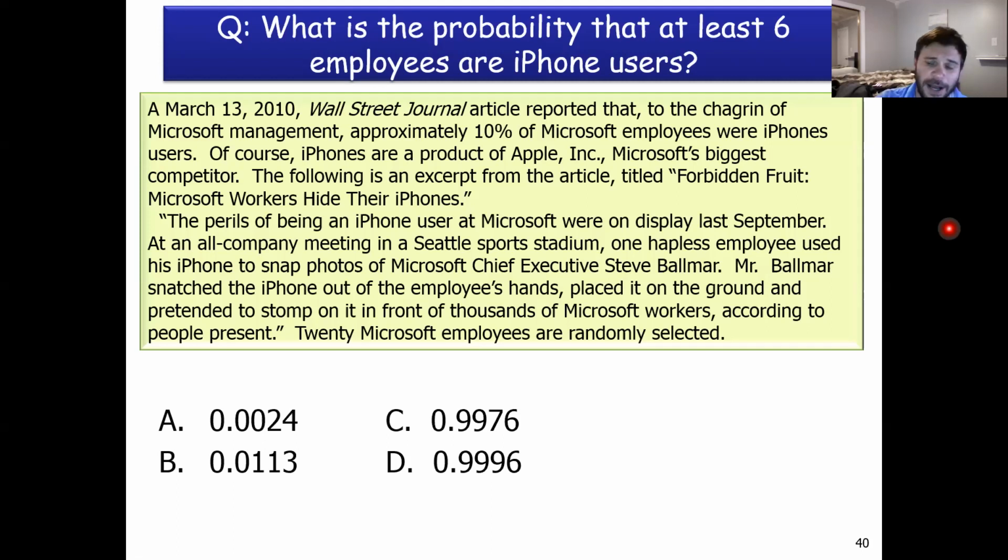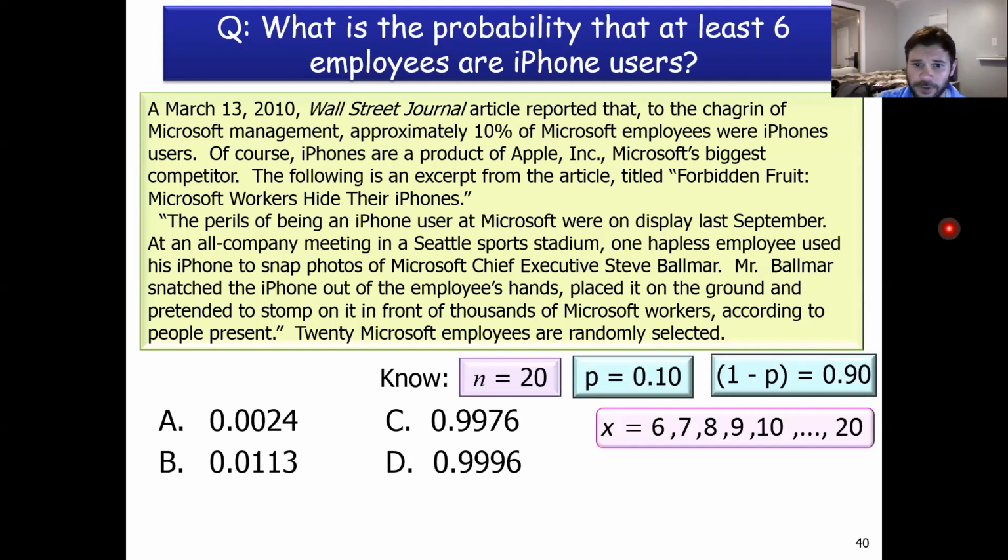Or we could recognize that we have some knowledge of complementary probabilities at our disposal here. And we could recognize that the event 6 or more is the complement of the event 5 or fewer.